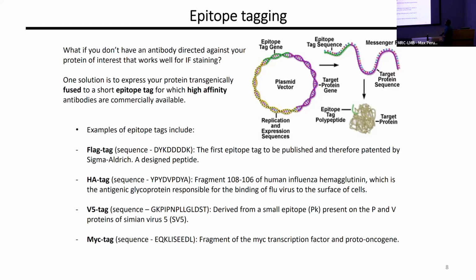So you have a plasmid vector with the sequence of your protein of interest, and then you add the sequence of the epitope tag gene, and you end up with a protein with a tag in it. That tag can be targeted by a very specific antibody with very high affinity. There are several types of tags: FLAG tag, HA tag, V5, Myc, all of these different ones, and as you can see, they target different amino acid sequences.